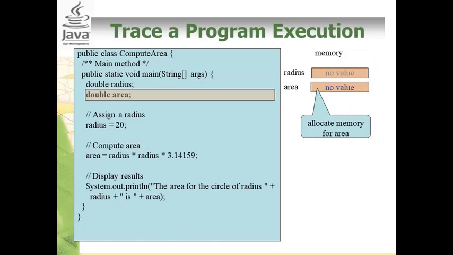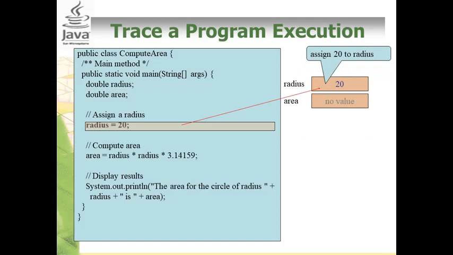Then when we declare another variable, area, same thing, the computer will prepare a space to store a value for area. But at that time, there is no value at the area location. So when you store 20 to variable radius, the computer will take that value and store it to the location that has been prepared previously.